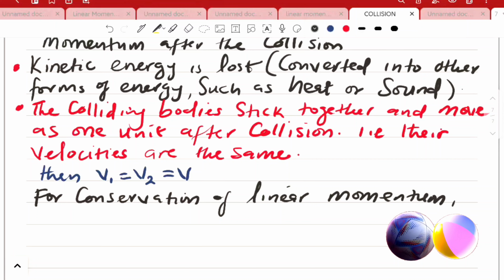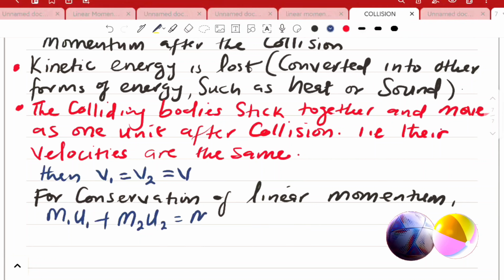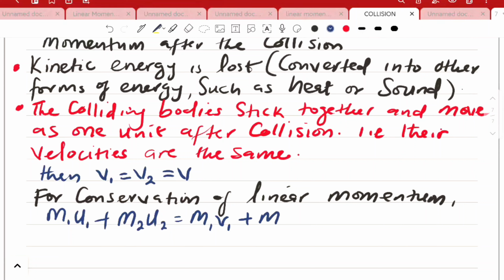But for M1, U is active, while for M2, U, the initial velocity, is inactive. So M1 U1 plus M2 U2, that is for conservation of linear momentum, will equal M1 V1 plus M2 V2.